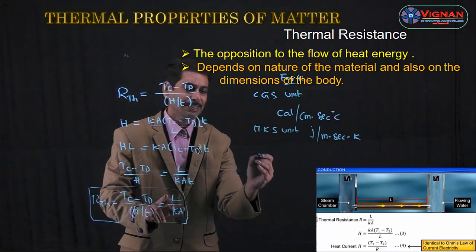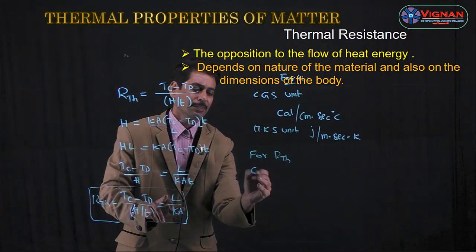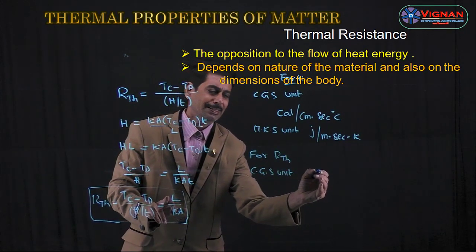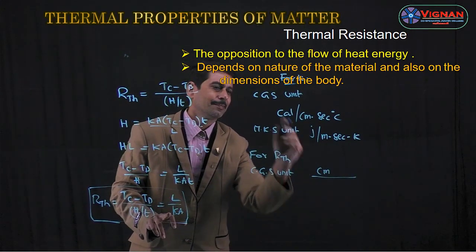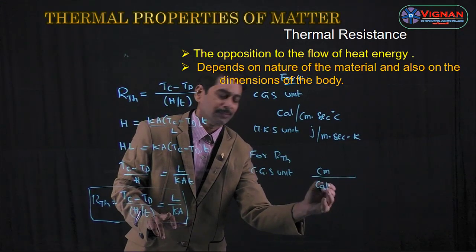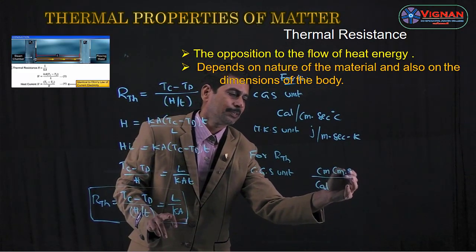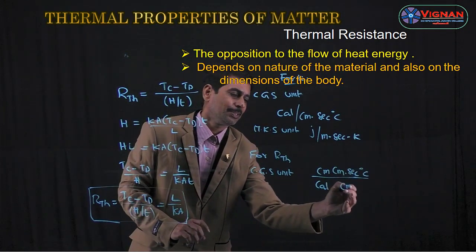For L the CGS unit is centimeter, divided by K, which is calorie per centimeter second degree centigrade, so that comes to the numerator, and for area it is centimeter square.